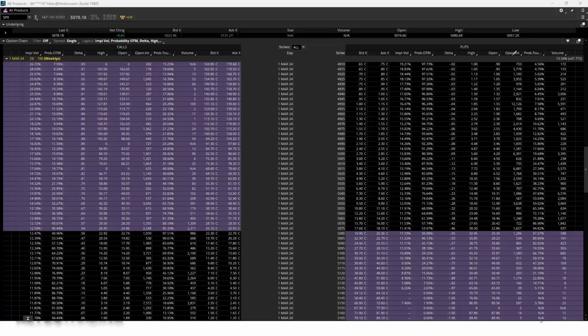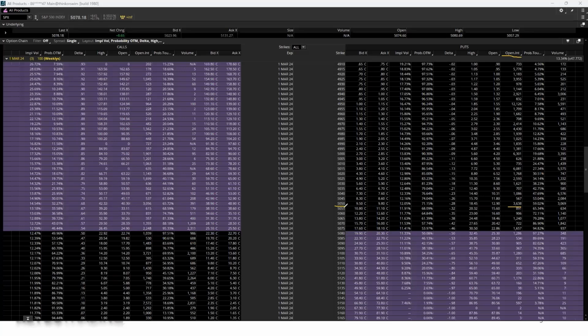Now, open interest works a little differently. Open interest is the total number of contracts currently open at any particular strike price. Going down on the put side of the chain, the first big outlier that I see, because we're going 16, 7, 12, 9, 8, all of a sudden we jump up to over 3,600. So we have 3,638 open interest at the 50-50 strike.